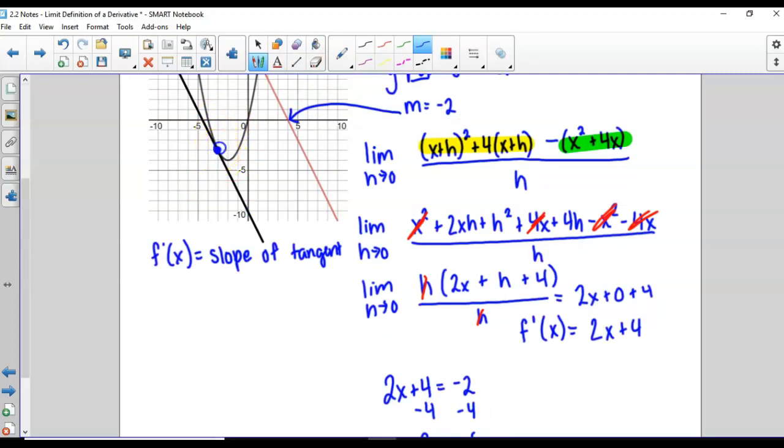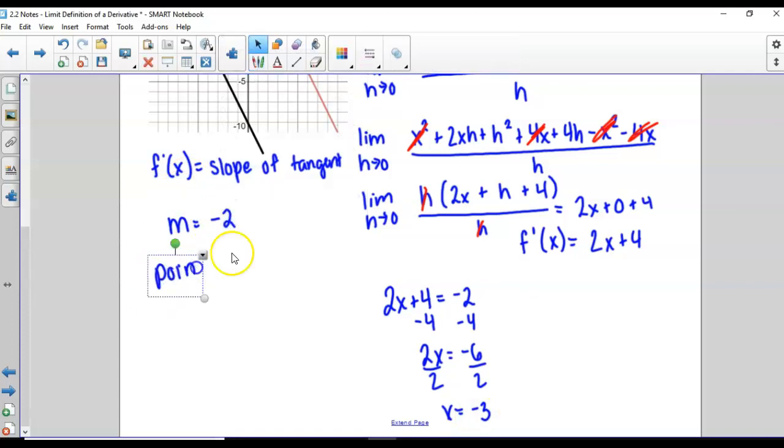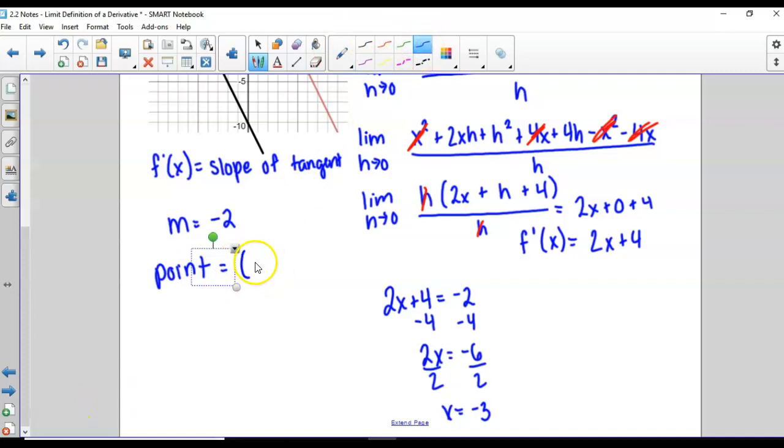So I feel reasonably assured the y coordinate is -3 also, but let's say that I don't have a graph to look at here, because a lot of times you may not. So I know my slope is -2, and I know my x-coordinate is negative 3.